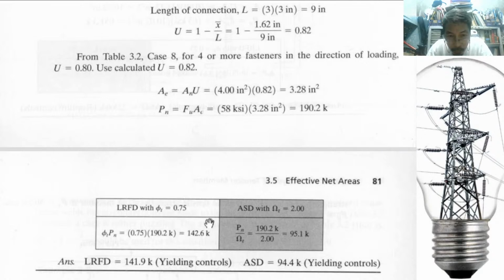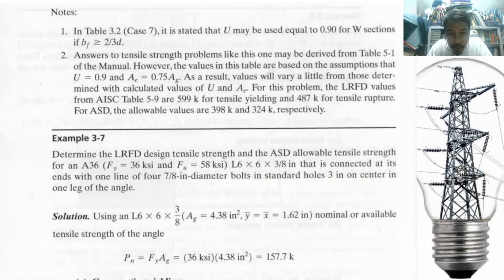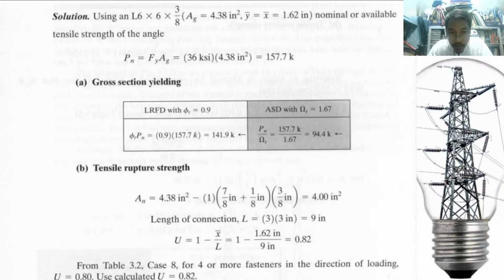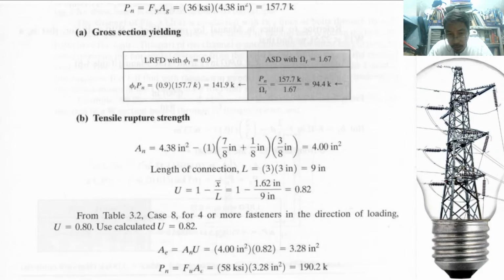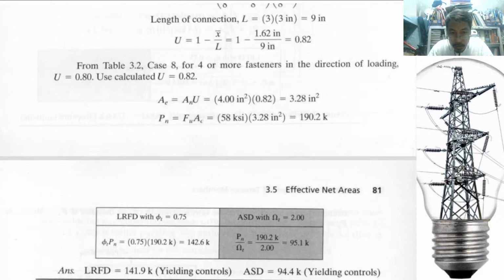So compare 1.43 versus the yielding. The yielding is 1.42, that is 142, compared to 143. So the answer would be 142, which is the lower.